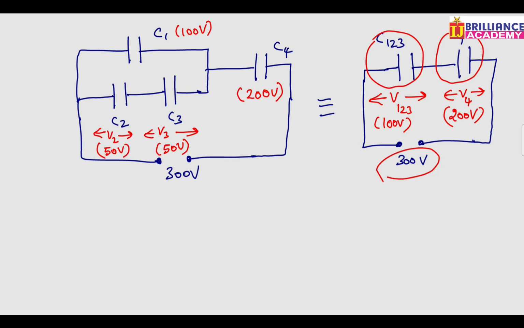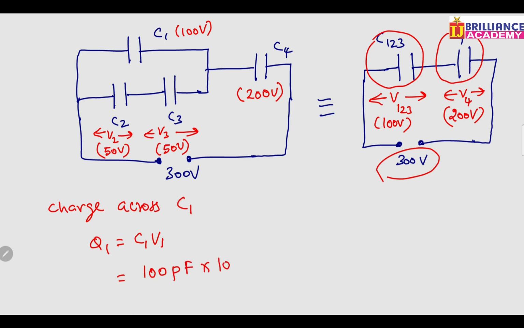Now we want to find the charge. Already C4 is found; it is the total charge, 20 nano coulomb. Now we will find the charge across capacitor C1. So Q1 means C1 V1. C1 we know is 100 picofarad into V1, which is 100 volt.